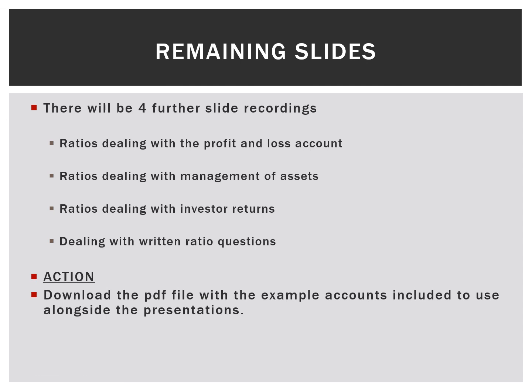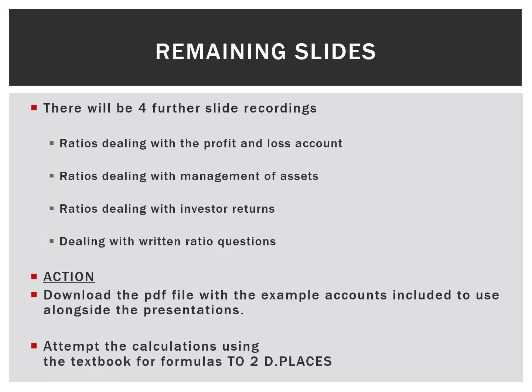We'll be using those in the other presentations, but the first thing I want you to do is to have a look at the textbook. If you look at the start of the interpretation chapter, you'll get all the formulas there, and see if you can work through both years on those sheets, doing the calculations to 2 decimal places.